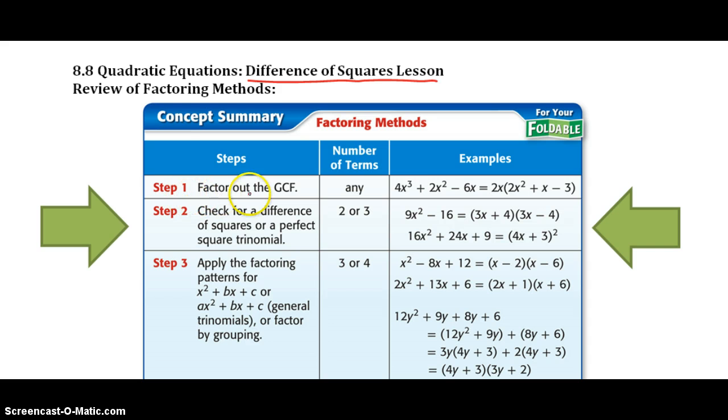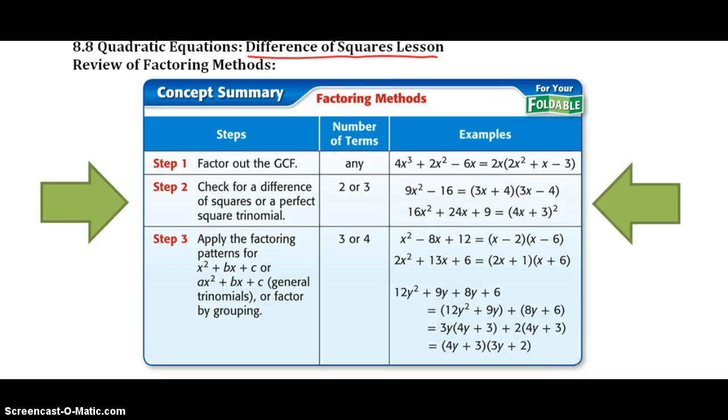As we factor, we always first take out the greatest common factor, and you already saw me make that mistake live and on camera, so you know what that looks like. Then we're going to add a new second step. Look for a difference of squares. If they're perfect squares, like 9x squared minus 16, where you know the square root of 9, and the square root of x squared, and the square root of 16, then you can always factor it with the plus and the minus.